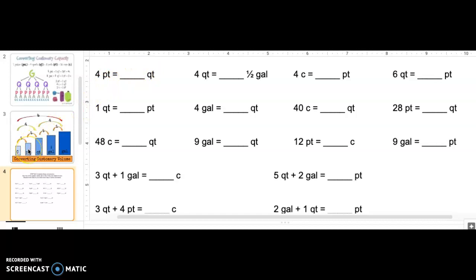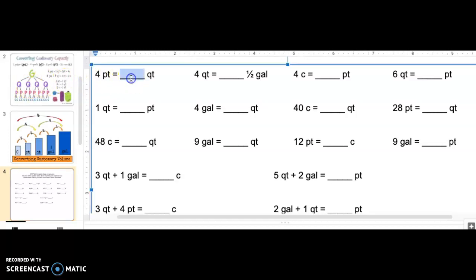I have 4 pints. How many quarts is that? Well, I can look at my hopping chart and I can see that there are 2 pints in every quart. I can see the same thing here, 2 pints in a quart. So if I have 4 pints, 1, 2, 3, 4, look, 2 of them can make a quart and these 2 can make a quart.